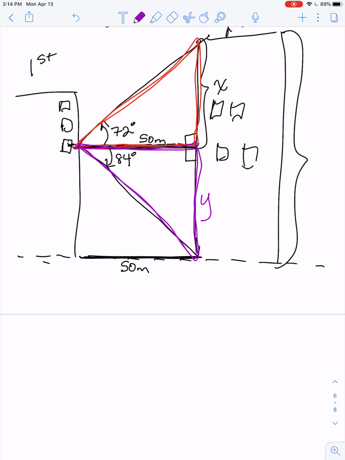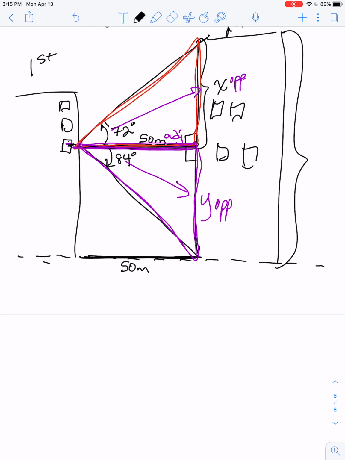And for both of those triangles, for the 72 degrees, the x is on the opposite side, and the 50 meters is on the adjacent side. So in this bottom triangle, the y is on the opposite side, and the 50 meters is on the adjacent side, which means for both of these calculations, we're going to be using tan.